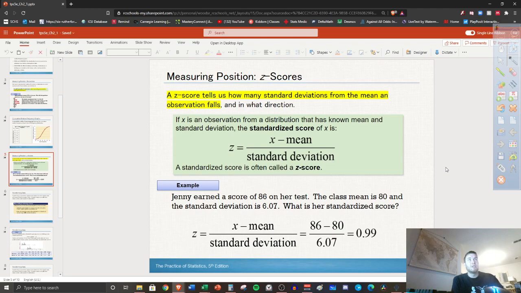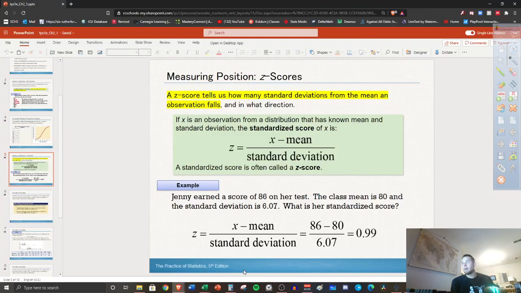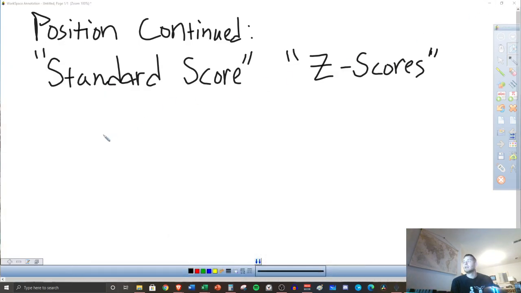All right, so we have this formula here. You're going to be writing that down as well. I'll pause, make sure that you've got this. I'll put in a screenshot. Here is the formula. So we'll make sure that we copy that down. So it's Z is equal to X minus mean.